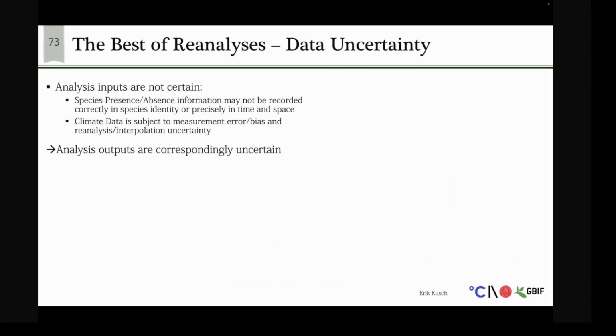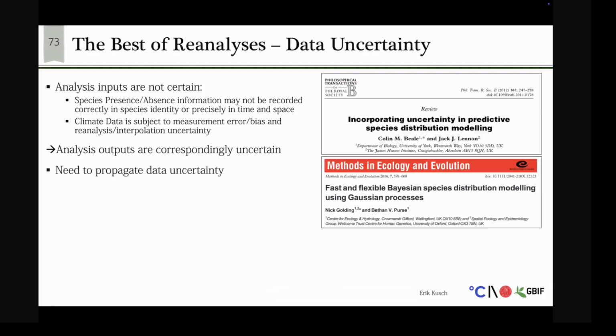Lastly, I've harped on about the fact that climate reanalyses and the interpolation technique that my R package uses come with data uncertainty. You are now keenly aware that analysis inputs are not certain, not the biodiversity ones, not the climate ones either. Which means that analysis outputs are correspondingly uncertain, and we need to propagate the data uncertainty somehow, which species distribution modeling currently is doing a very poor job at.